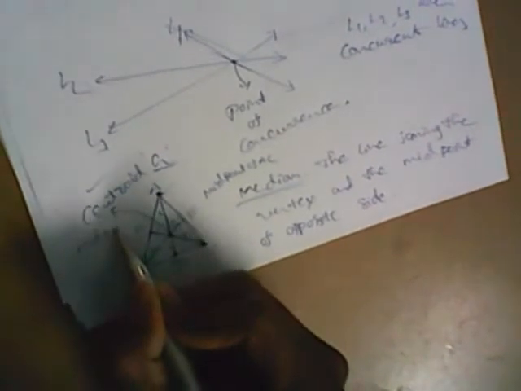Now, here in this diagram, E is the midpoint of AC and F is the midpoint of AB, and here D is the midpoint of BC.